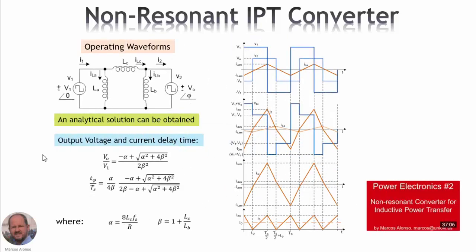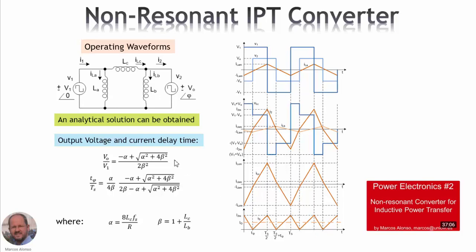Here we can see some of the results of this analysis. We can see the waveforms: the input voltage of the IPT, the output voltage here, the current that is circulating through the inductance LA here, and then we have other waveforms, and finally we have the current at the output and so on.